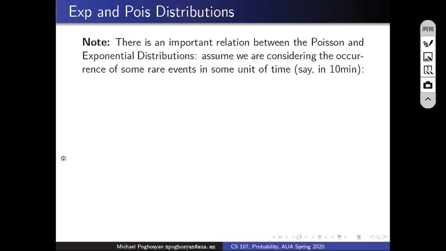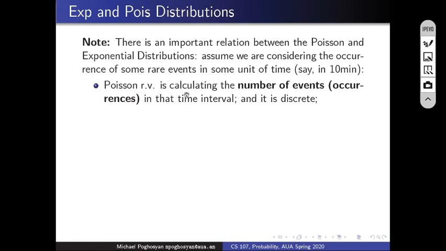Now, about the relation between Poisson and exponential, a very important thing. Assume we are considering the occurrence of some rare events in some unit of time. A unit of time can be 10 minutes, 1 hour, 1 day, 1 month, 1 year, etc. We are fixing that.